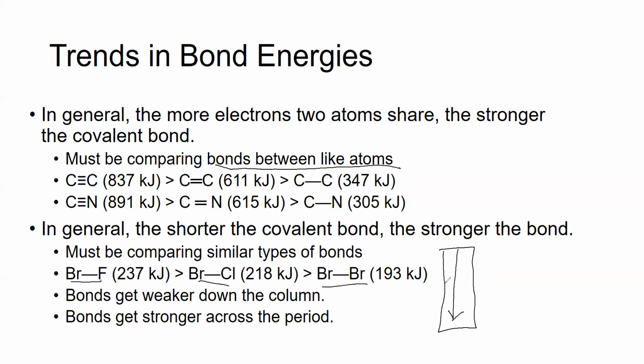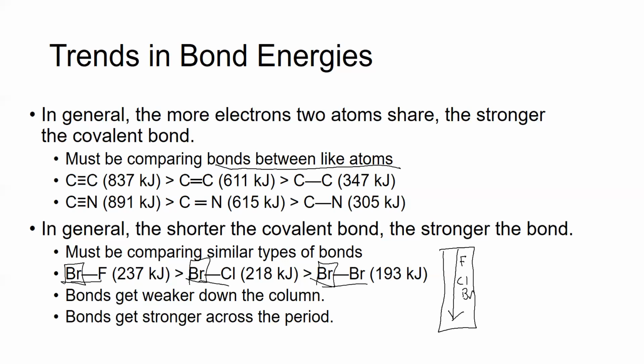As I go down the table, bonds become weaker. So here in my comparison, bromine is always my like atom for the comparison. Fluorine is at the top of the halogens, then chlorine and bromine. So your strongest bond would be the bromine-fluorine bond. Your weakest bond is the bromine-bromine bond.